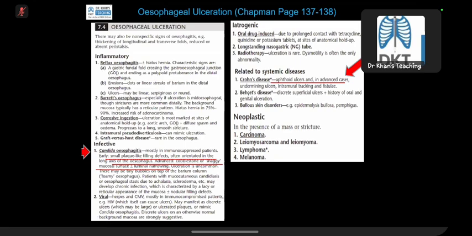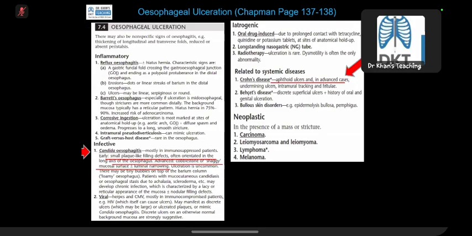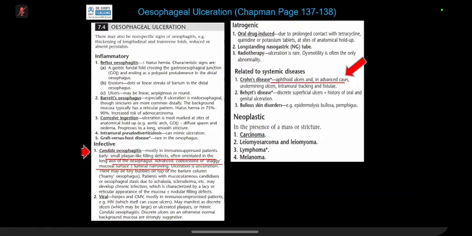Now here, a favorite of the exam is this thing, aphthoid ulcers. Aphthoid ulcers are seen everywhere, in esophagus, in stomach, in small bowel, in large bowel.